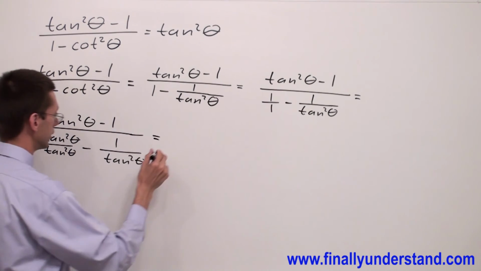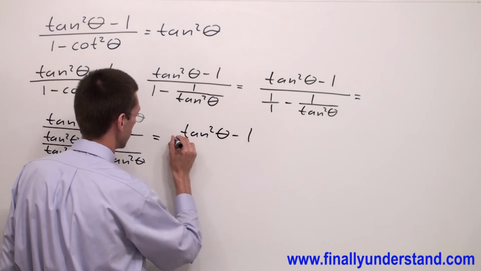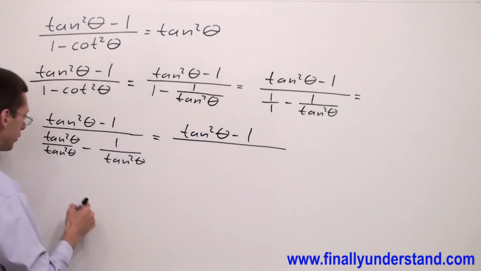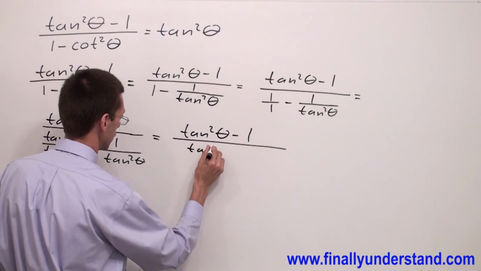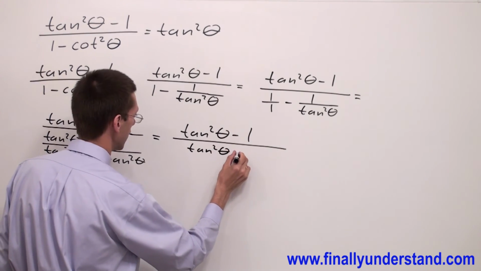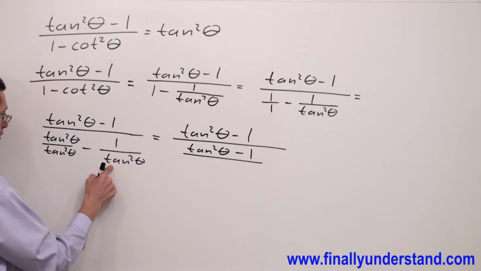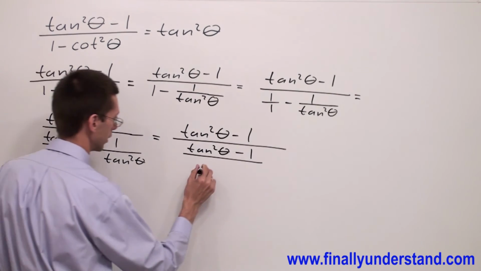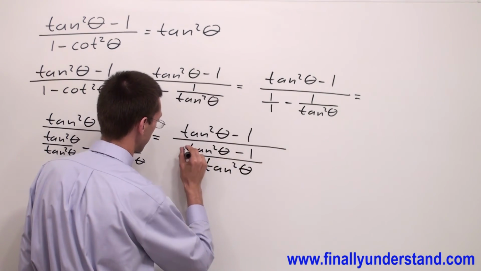Copy the numerator and we have tangent square theta minus 1 over, now we can perform the subtraction. I'm going to have tangent square theta minus 1 over common denominator, which is simply tangent square theta.